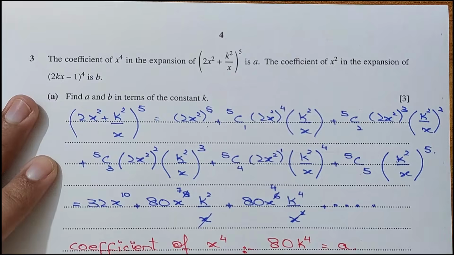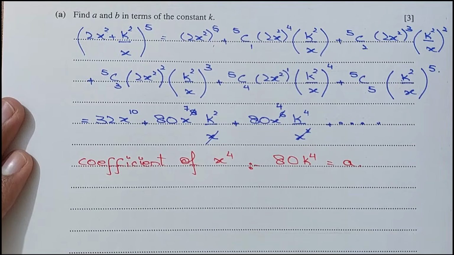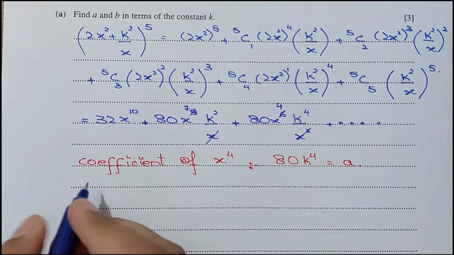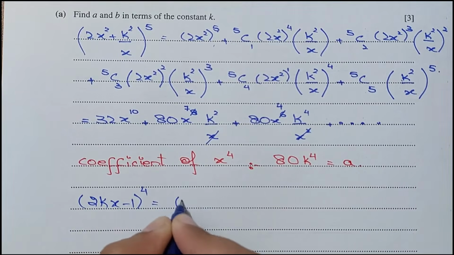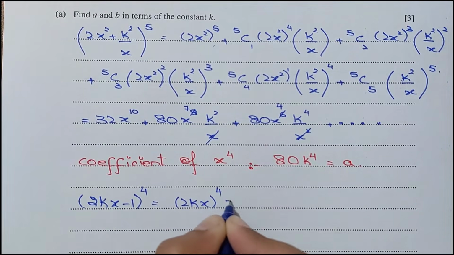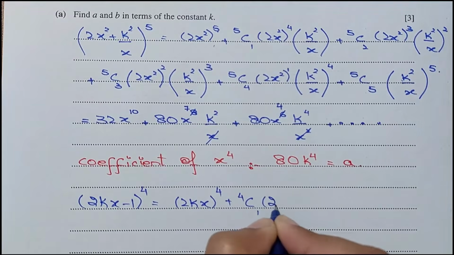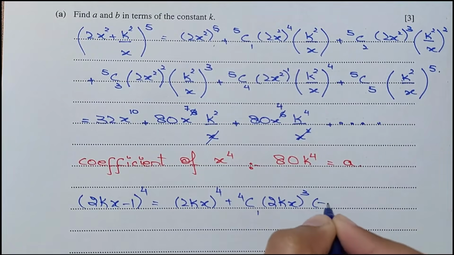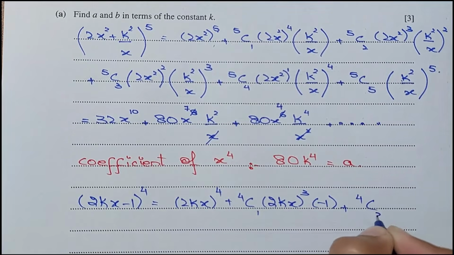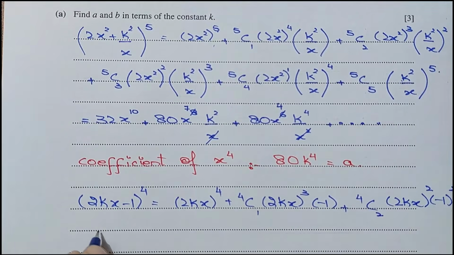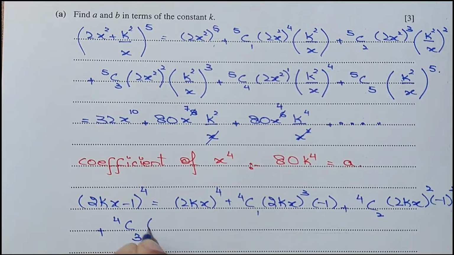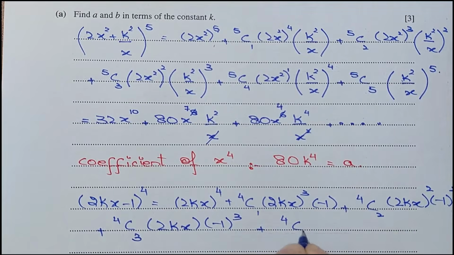Now let me open the second expansion to get the value for b, which is the coefficient of x cube. The second is 2kx minus 1 power 4. So 2kx power 4, 4c1, 2kx power 3 minus 1, 4c2, 2kx power 2 minus 1 square, plus 4c3, 2kx minus 1 cube, plus 4c4 minus 1 power 4, right?